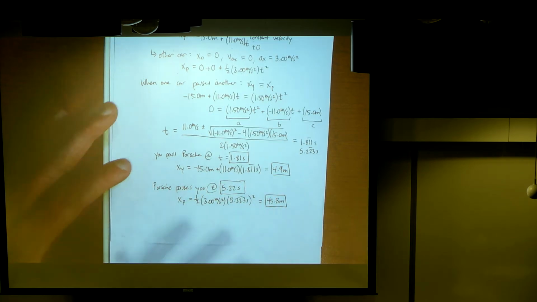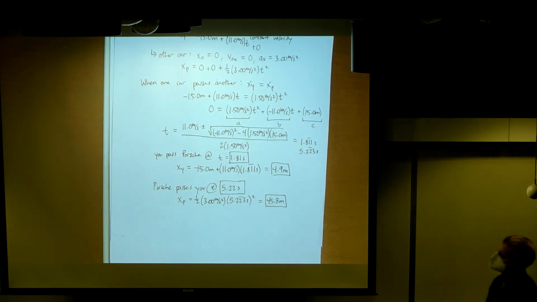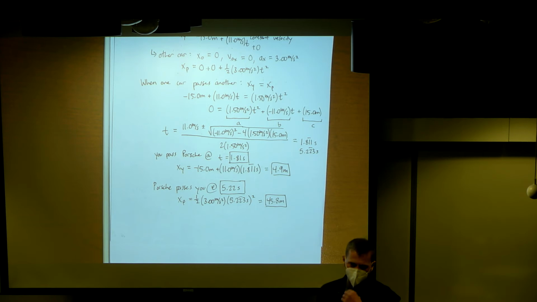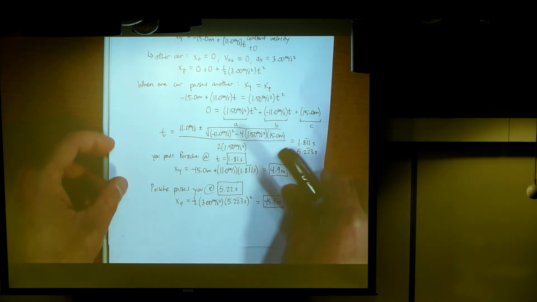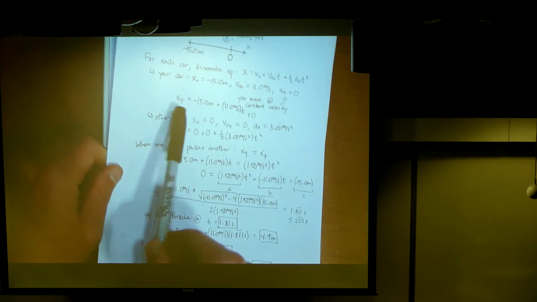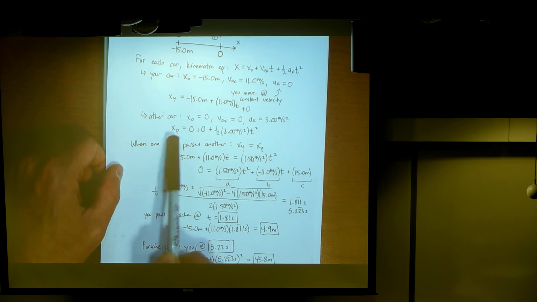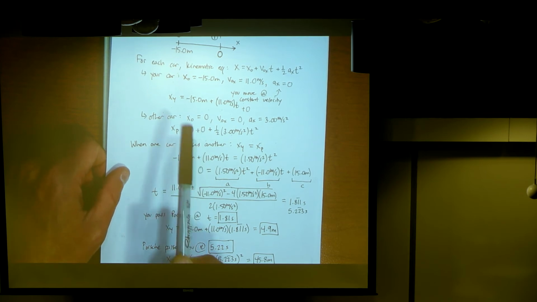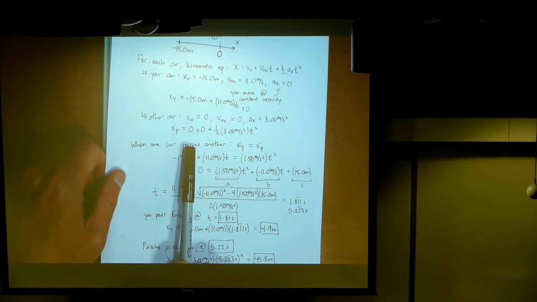So we've solved the problem, we've answered all the questions, but I think it's maybe useful to look at this another way, just to make some sense out of the question. So we could, if we wanted to, think about plotting the motion of your car and this other car on a position versus time graph, okay?